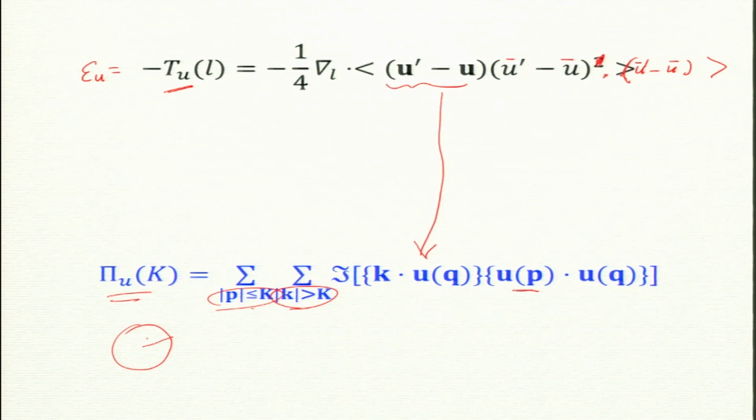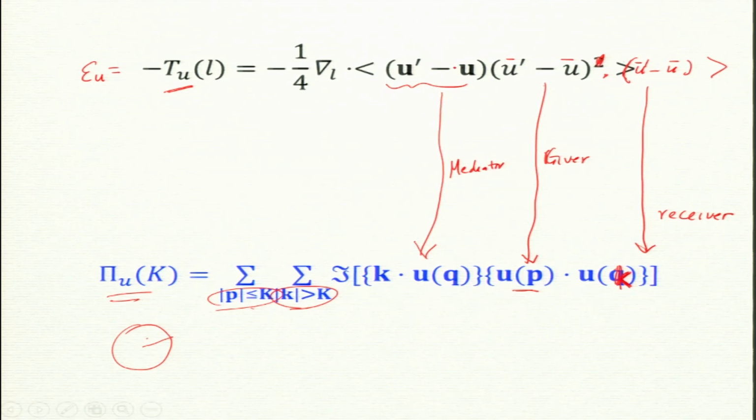Now, this is a product of the same function, which is a delta u. So one of them is a giver and one of them is a receiver. Giver, receiver, sorry, I made a mistake, this k, receiver, and this is a mediator.